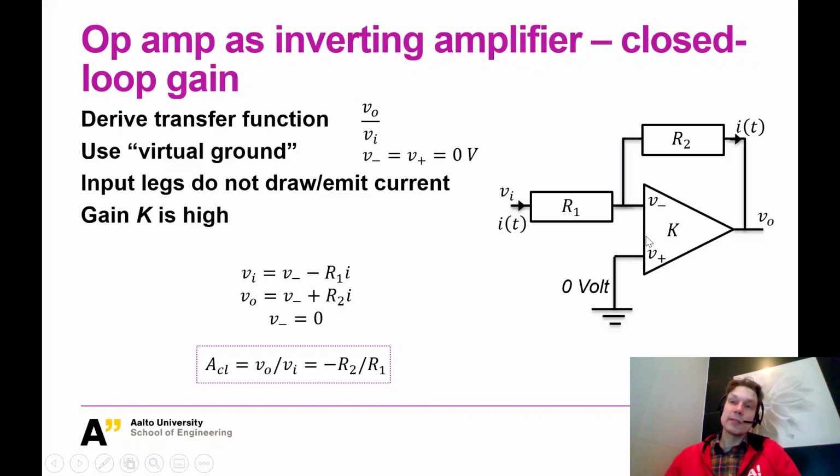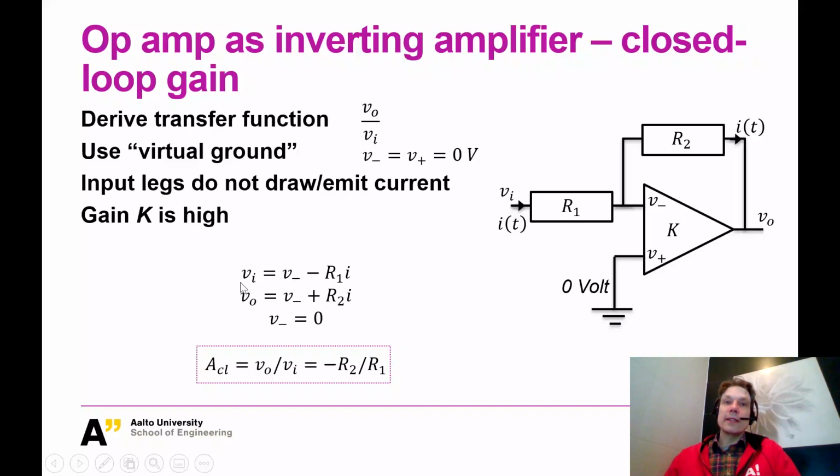That comes from the assumption that your gain is very high, so it always keeps the voltage the same. And we can use this potential now, saying that if we have 0 volt here, we have also 0 volt here, and then all the current has to flow in this way. That makes our analysis quite easy.